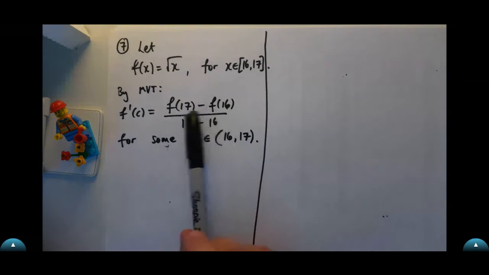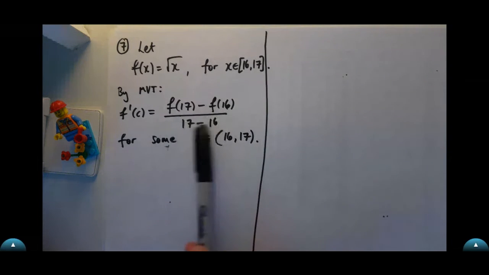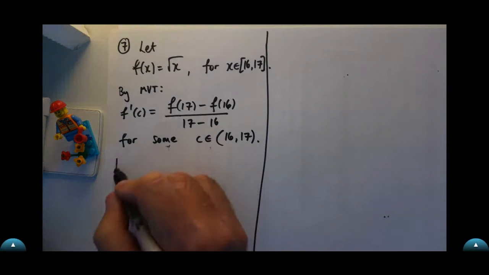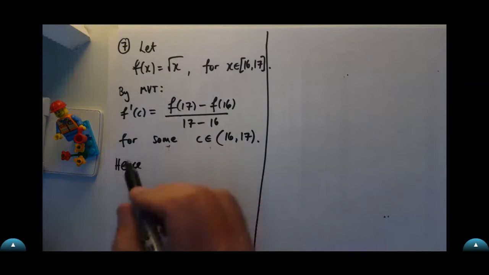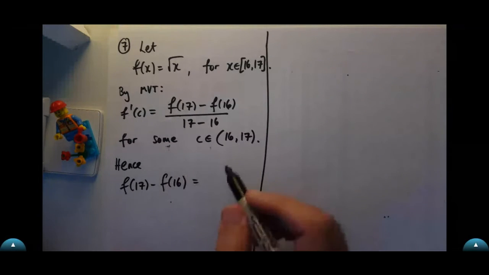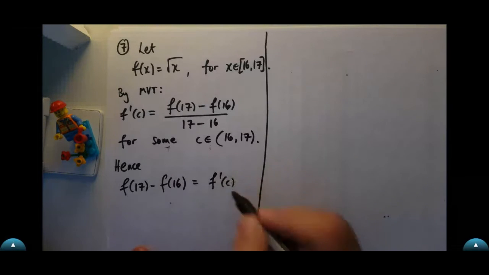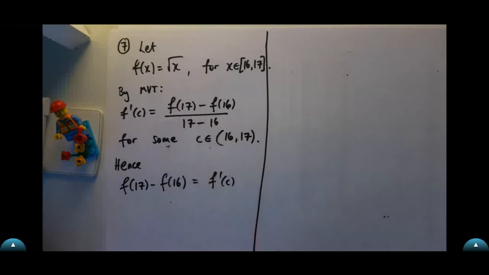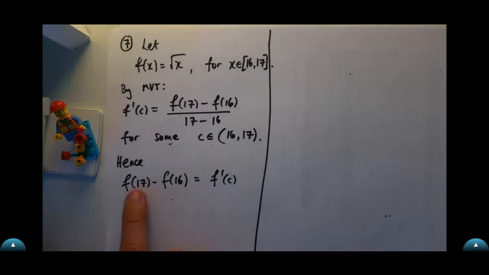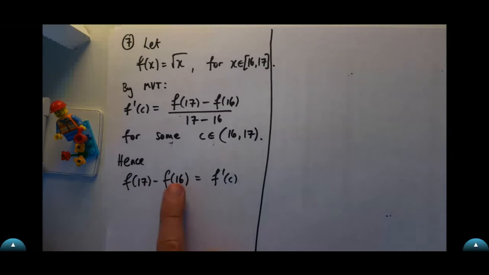So what we can do now is, if we wanted to, well, I mean, this is just 1, so it's going to be pretty easy. So let's think about this. Okay, so that disappears to 1. And to work out this error here, so this is like the difference between the true value of root 17 and the square root of 16.